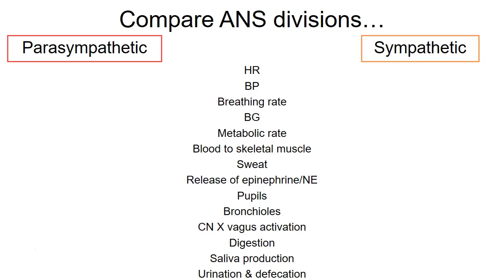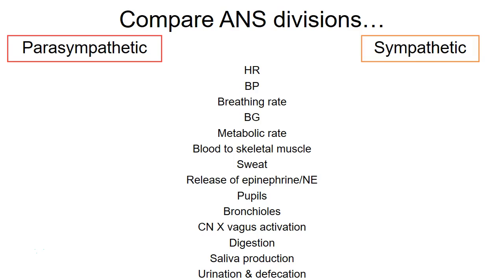Sweat production. Parasympathetic, we should see it go down. Sweat production and sympathetic, what do we expect? Should go up. Release of epinephrine, norepinephrine. So down here, and here we should see that go up.